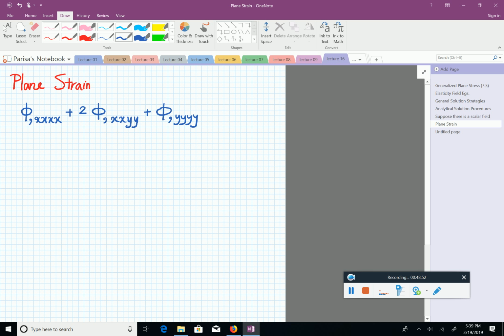So as stresses disappear, everything is now in terms of phi. And then on the other side we have the potential function.